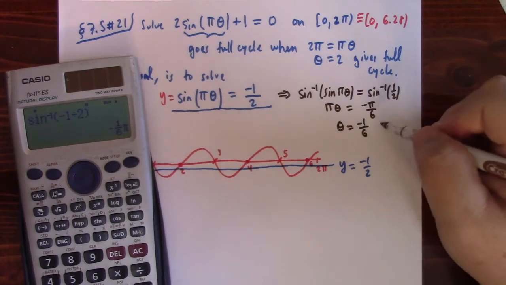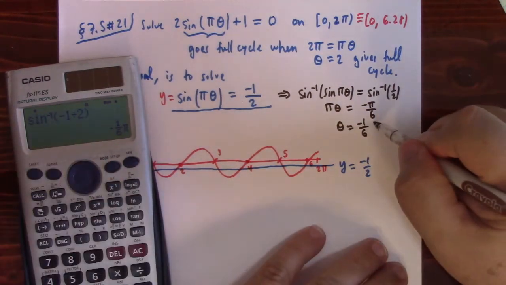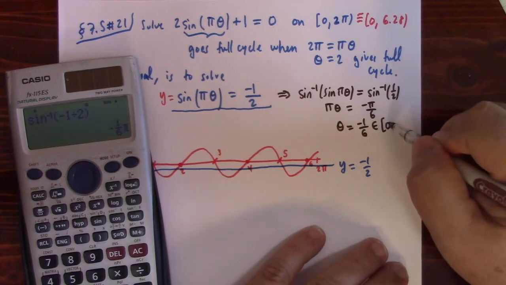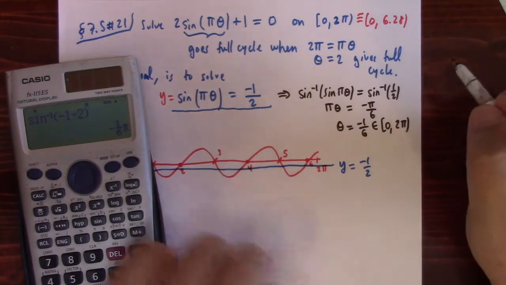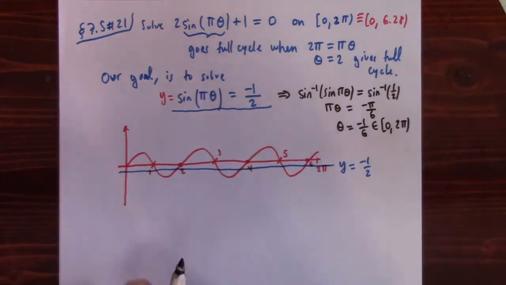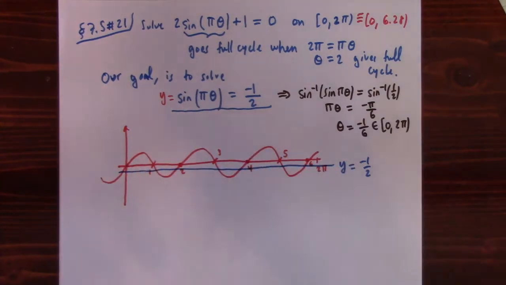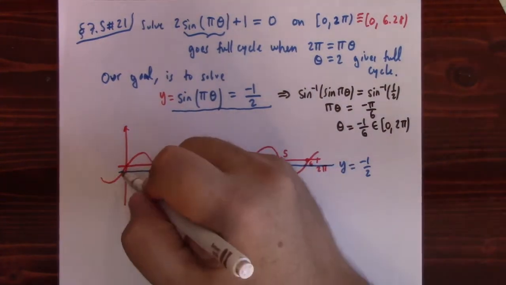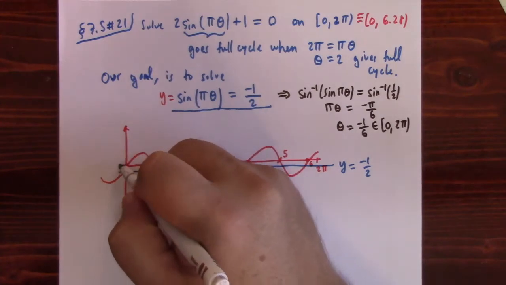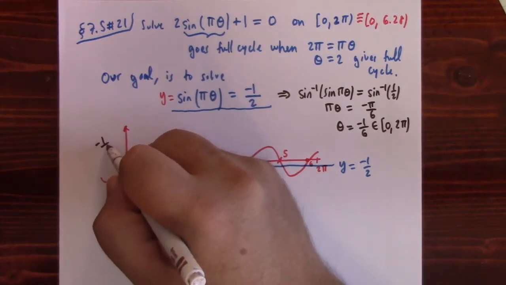Now that does not count, right? That's not an element of the place we're looking for a solution, so we're going to have to reject that. But it does help us if we draw this graph a little bit back here. That shows us that this point right here was minus 1/6.